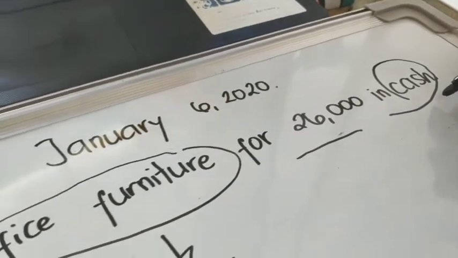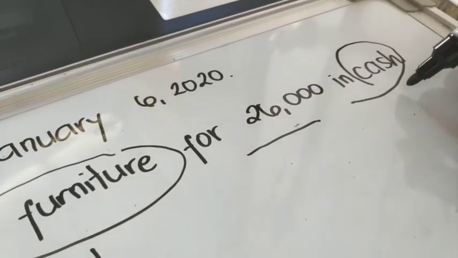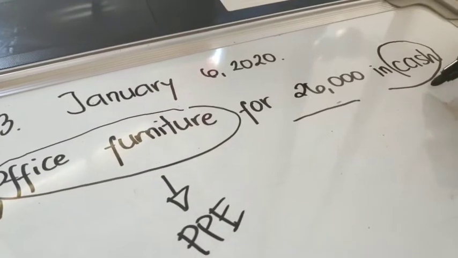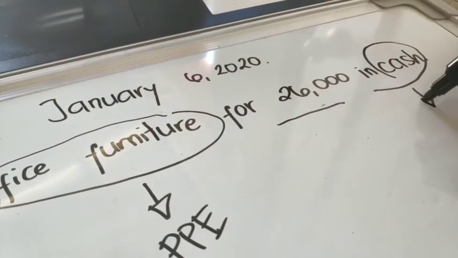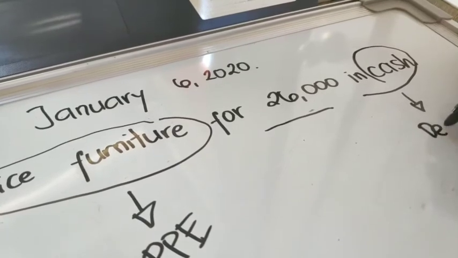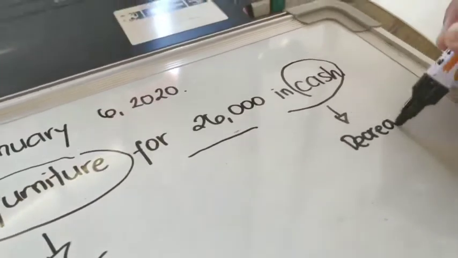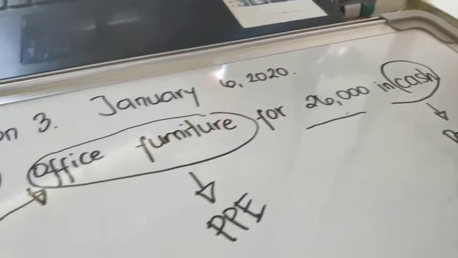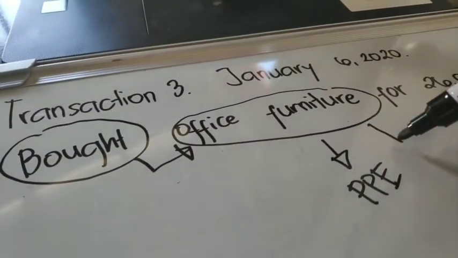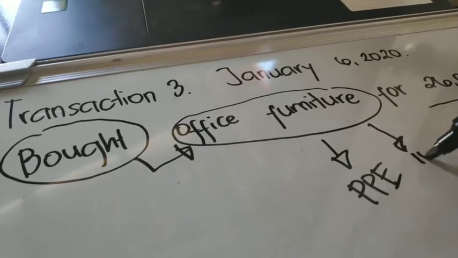You bought with cash, so the cash decreases. And then the office furniture, or the property, plant, and equipment, increases.